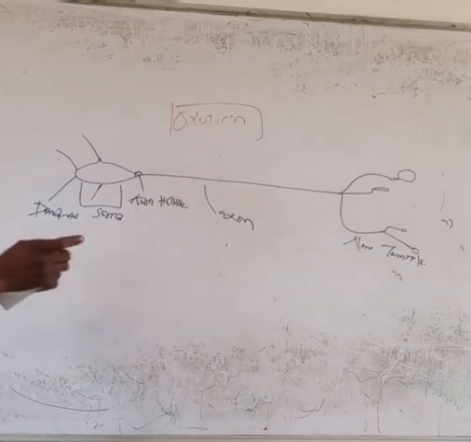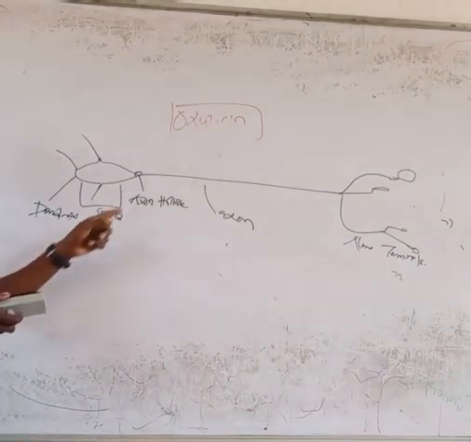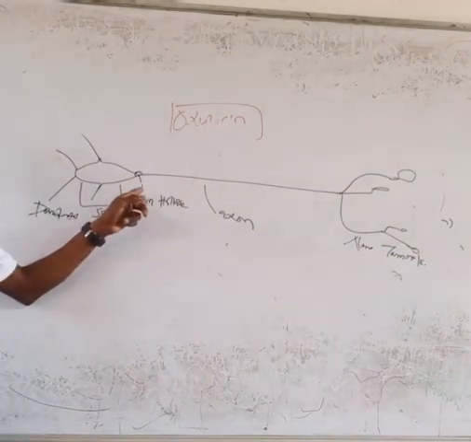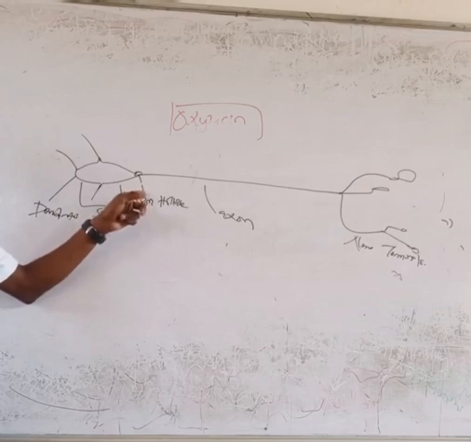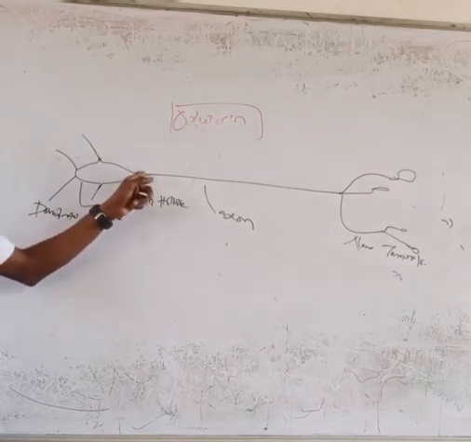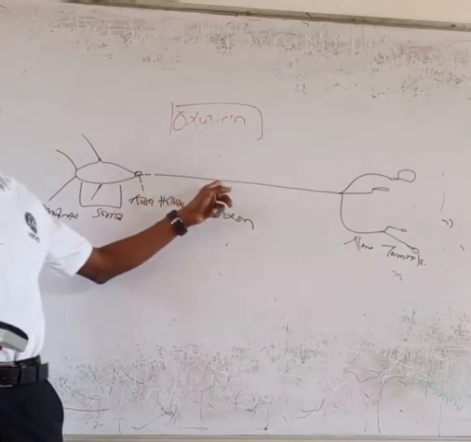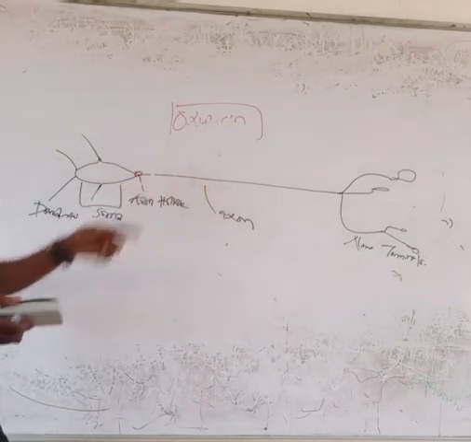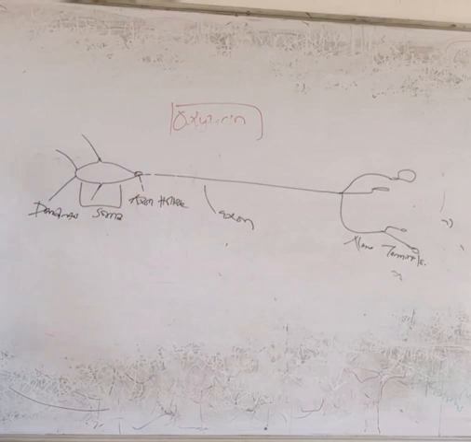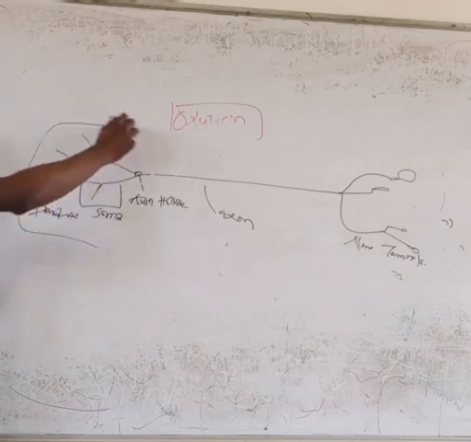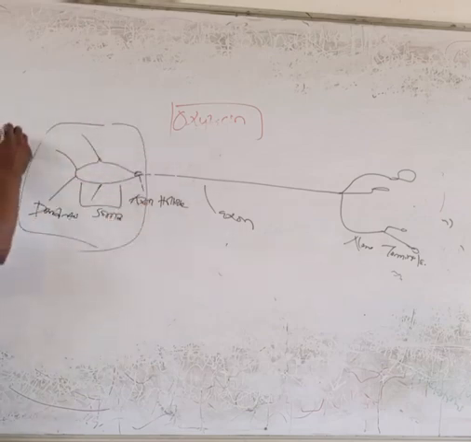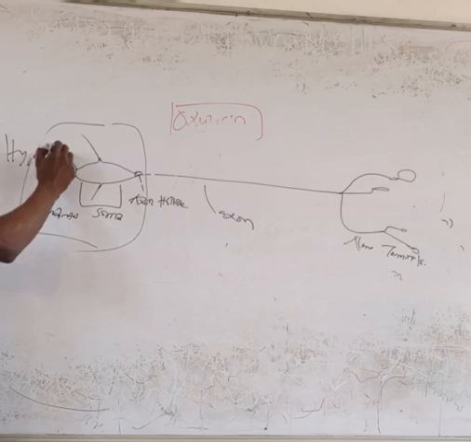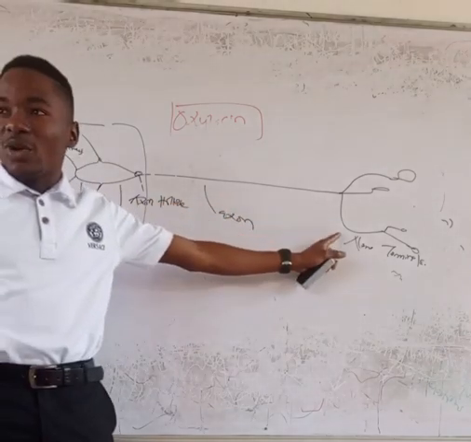So what happens is that action potential is produced from where? From the axon hillock. When that action potential is produced, it has to move along the axon. When we're talking about the hypothalamo-hypophyseal tract, what we mean is that this part is in the hypothalamus, while the other part is located where?